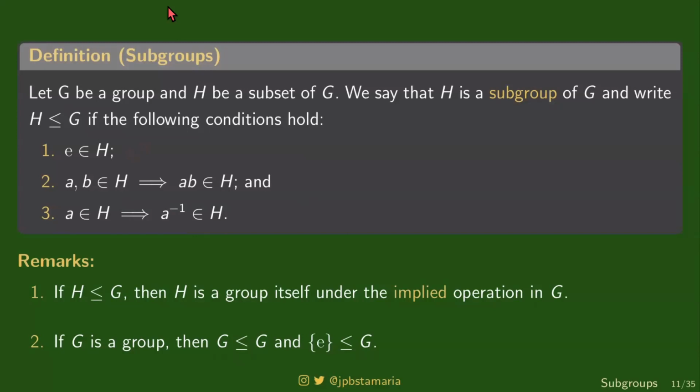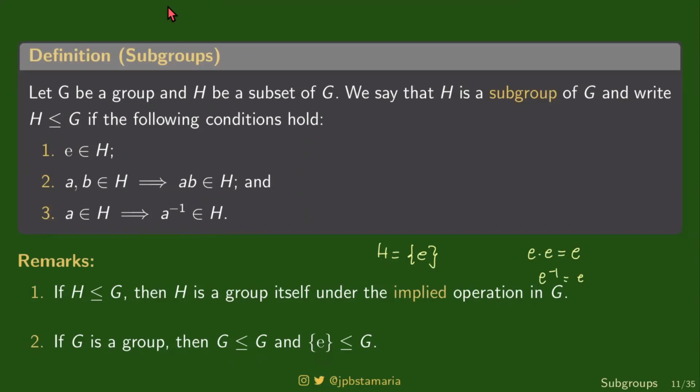Yes, kasi kapag yung set mo, E lang ang laman, closed na siya under multiplication kasi ang E times E ay E. Second, closed din yan under inverses kasi ang E inverse is itself. Kaya yung singleton that contains the identity is also a subgroup and it is called the trivial subgroup.